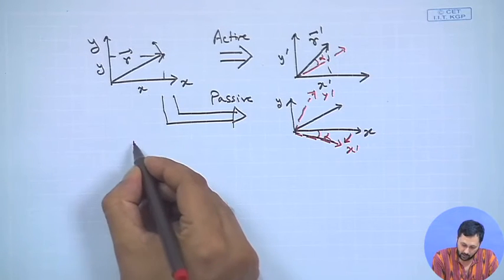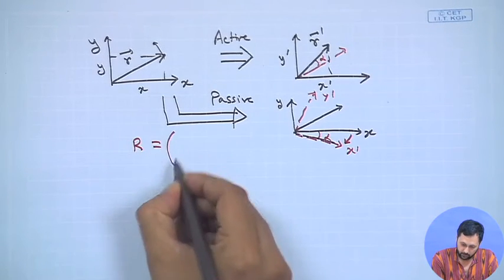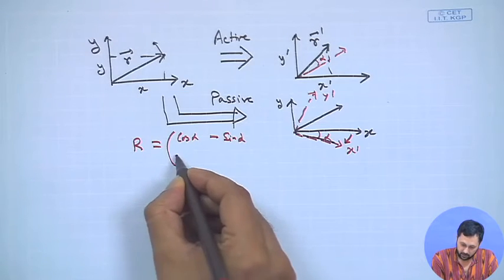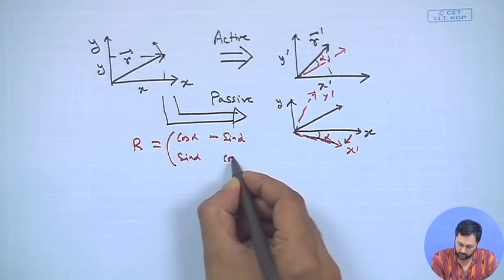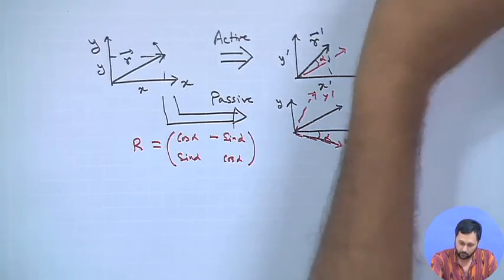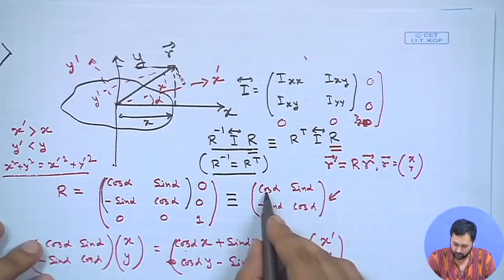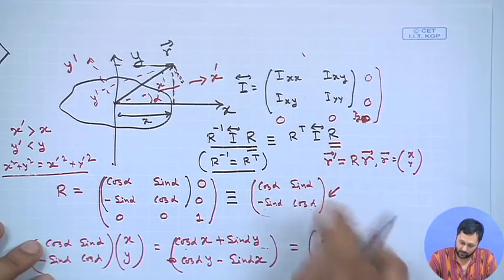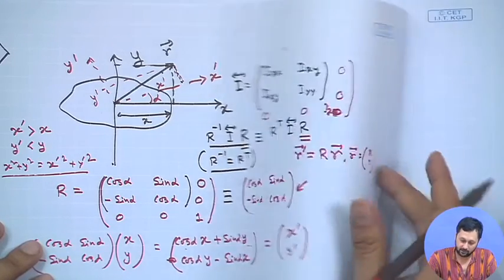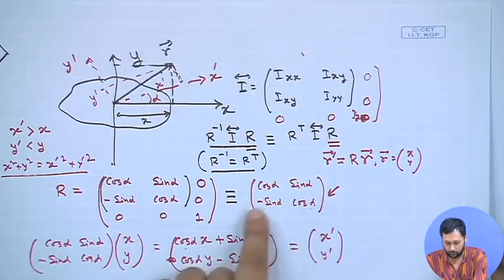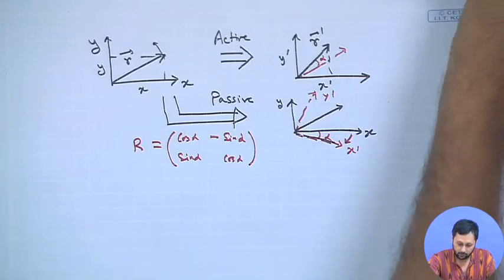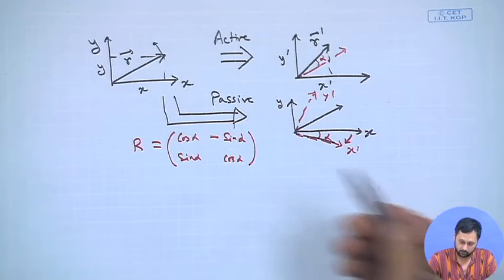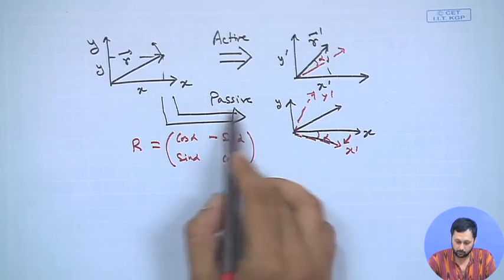So my rotation matrix in this case will be cos alpha, minus sin alpha, sin alpha, cos alpha, and this change in sign in the off-diagonal terms only tells you that the rotation in this case is in the opposite sense. Let us talk about passive rotation.